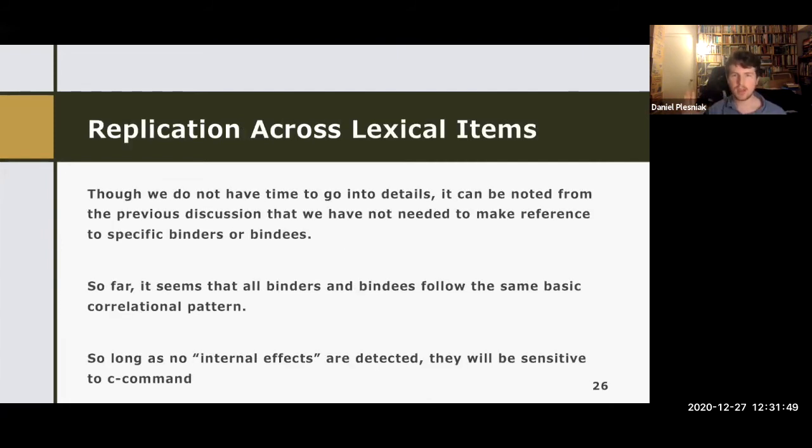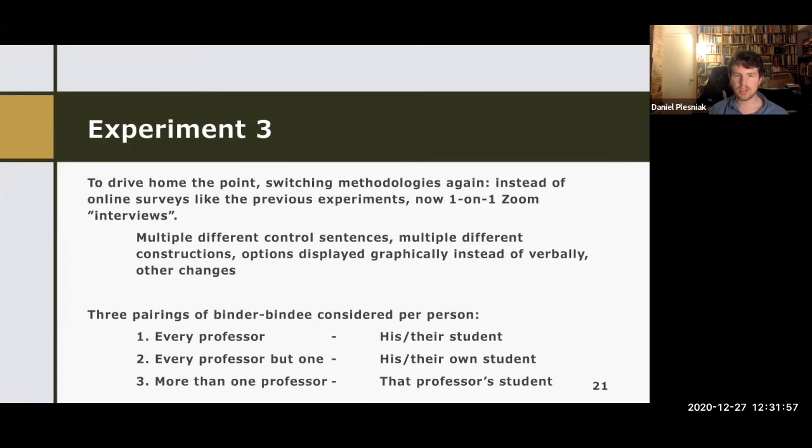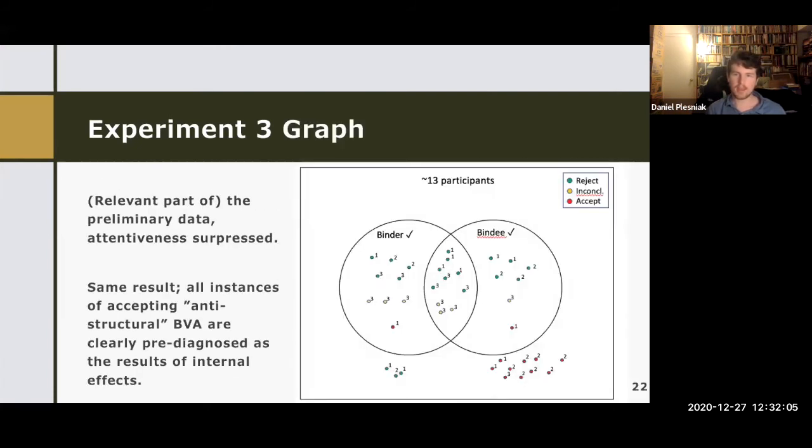We don't have too much time to talk about the details of different lexical items, but you can note from the previous discussion that I never made any predictions that were relativized to the item. In this one, for example, the 3 binders and 3 bindees all behaved the same. Now they had different distributions in this correlation.